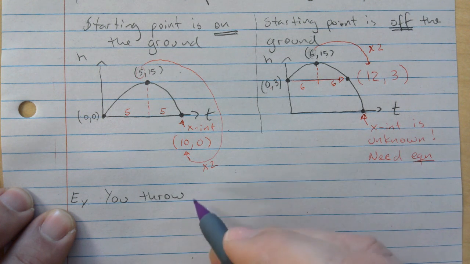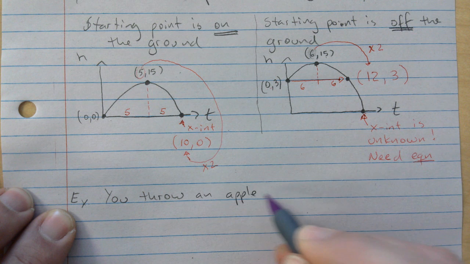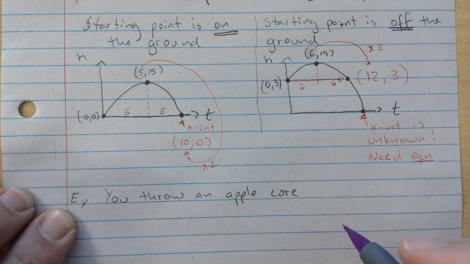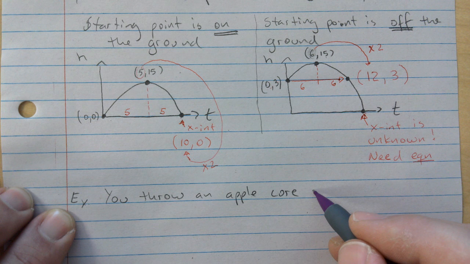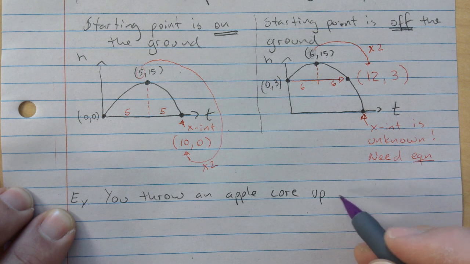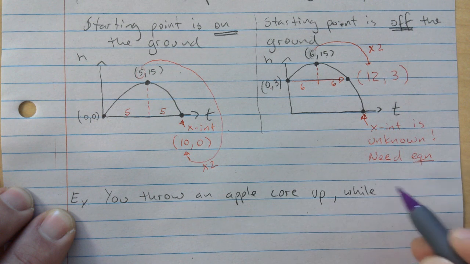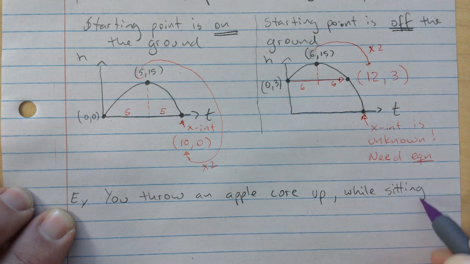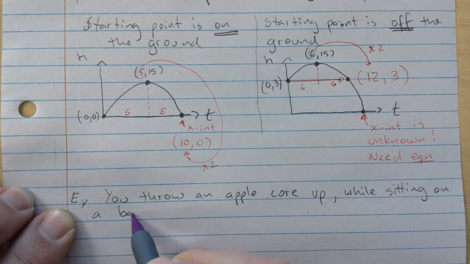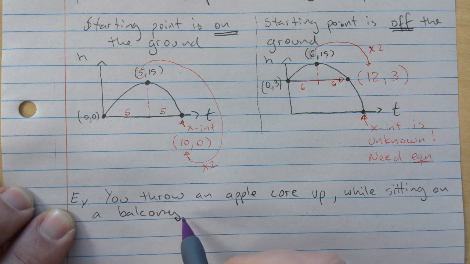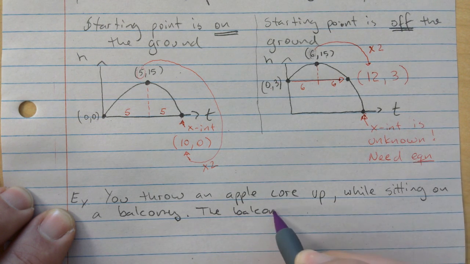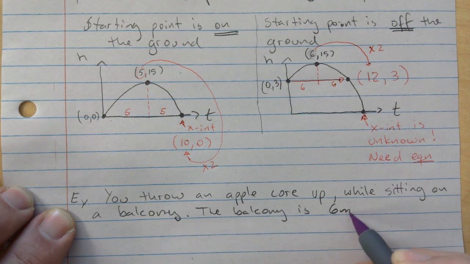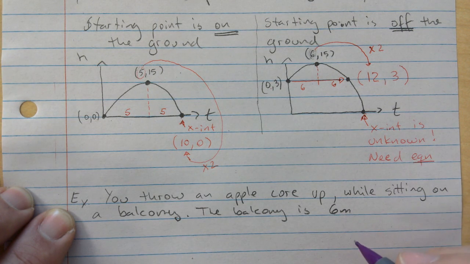You throw an apple core up, come on, while sitting on a balcony. The balcony is 6 meters above ground.